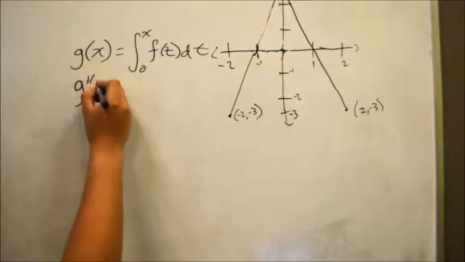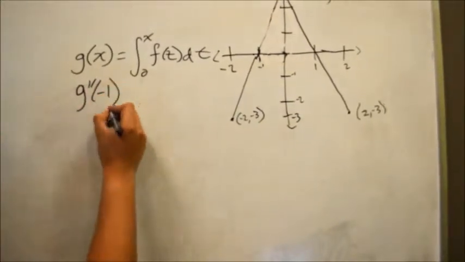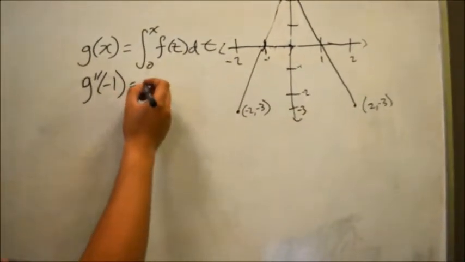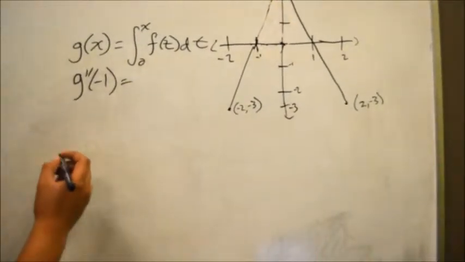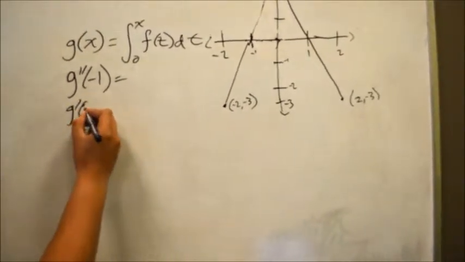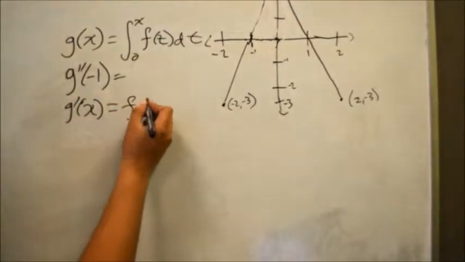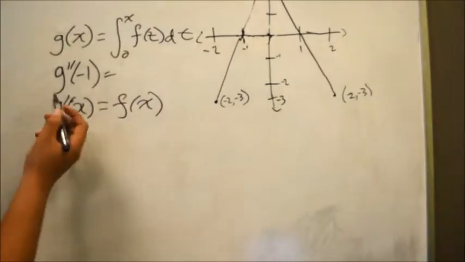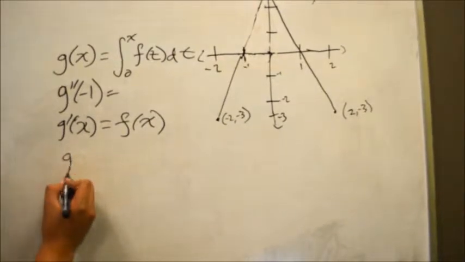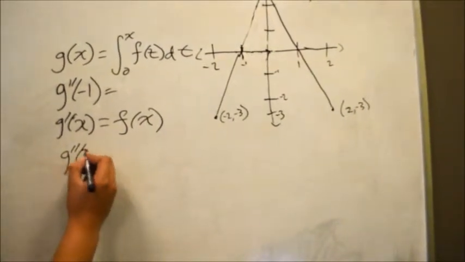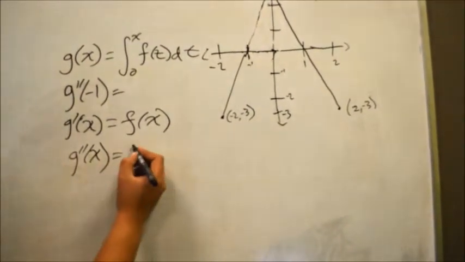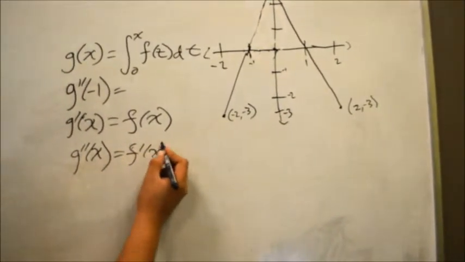So g double prime of -1 equals something. We already found that g prime of x equals f of x. So for the double derivative, we take the derivative of g prime of x, making it g double prime of x, and the derivative of f of x, making it f prime of x.